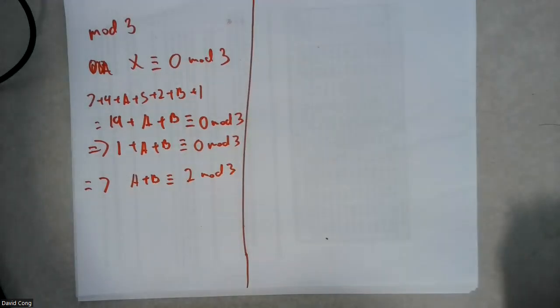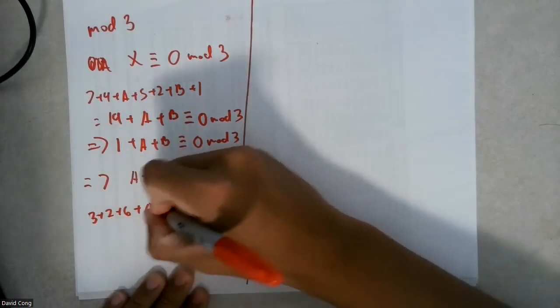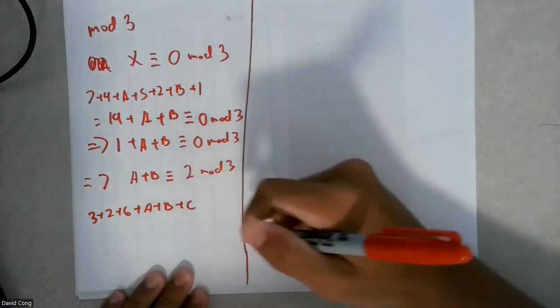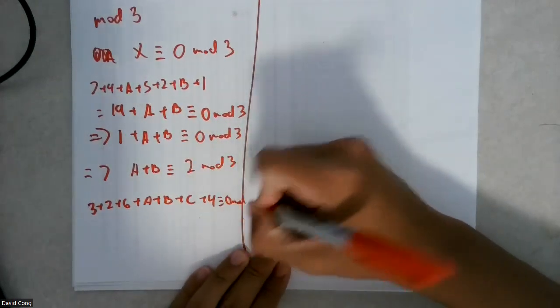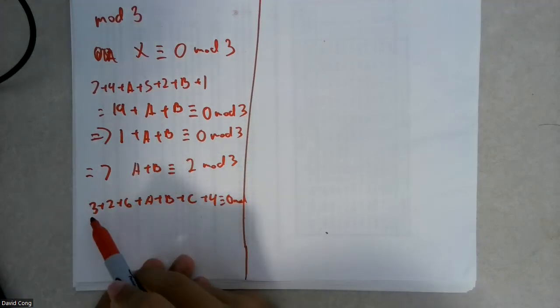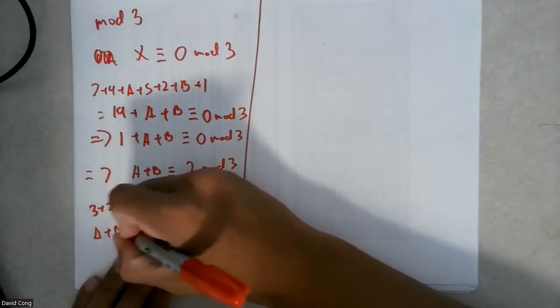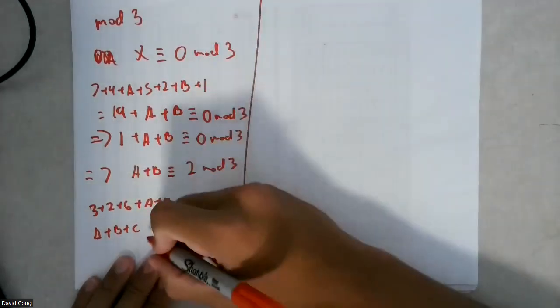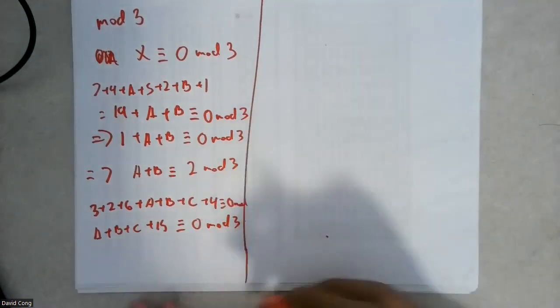Okay, let's look at the next number. We get 3 plus 2 plus 6 plus A plus B plus C plus 4. It's congruent to 0 mod 3. So what do we know? Let's see, this sums to 3, 5, 11, 15. We get A plus B plus C plus 15 is congruent to 0 mod 3.